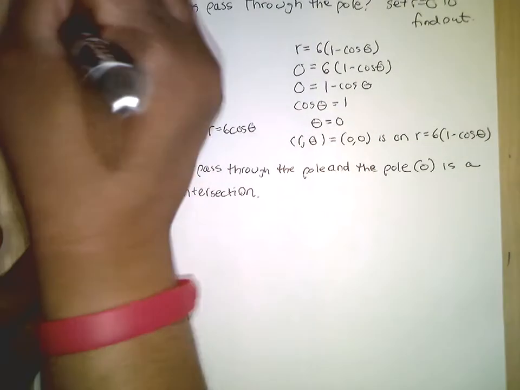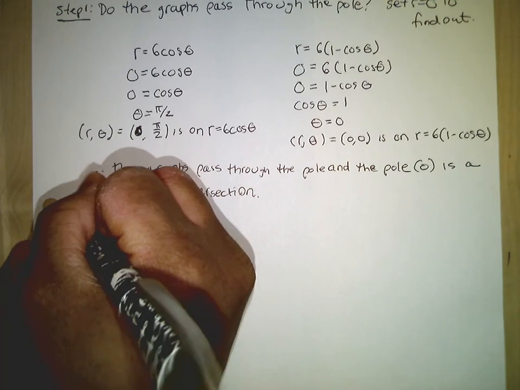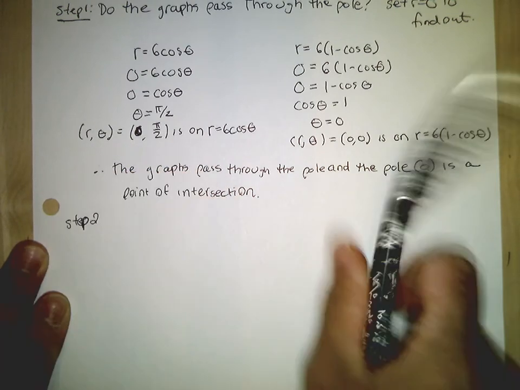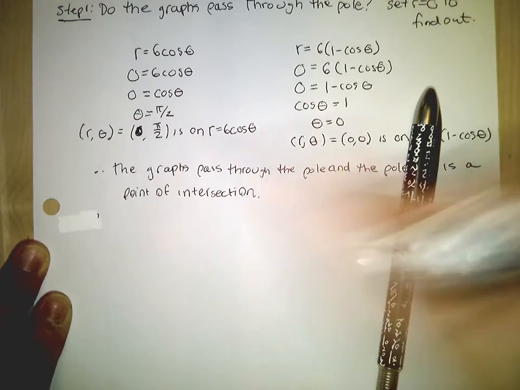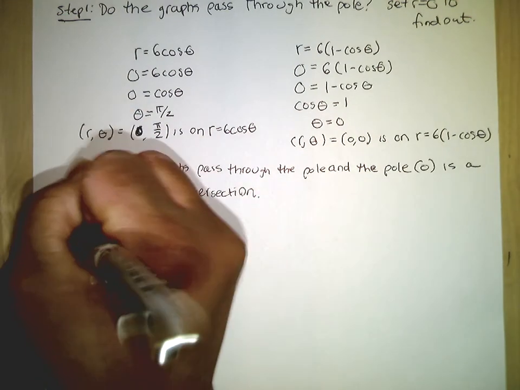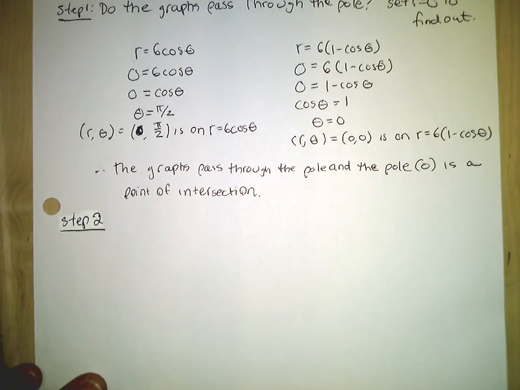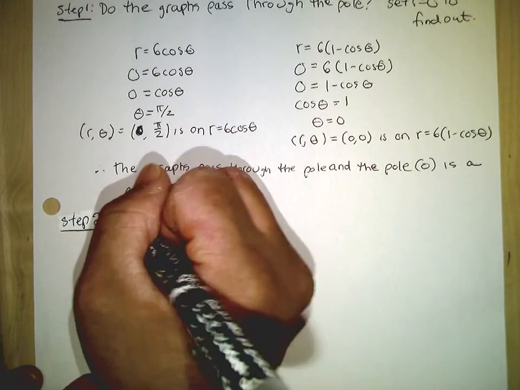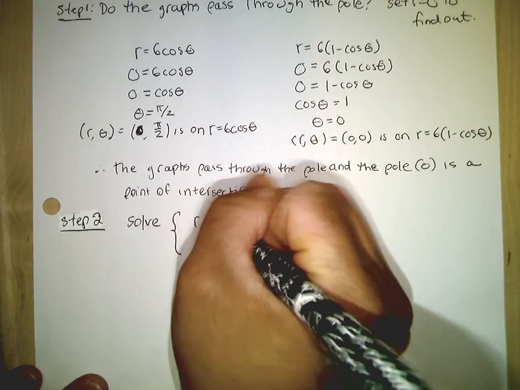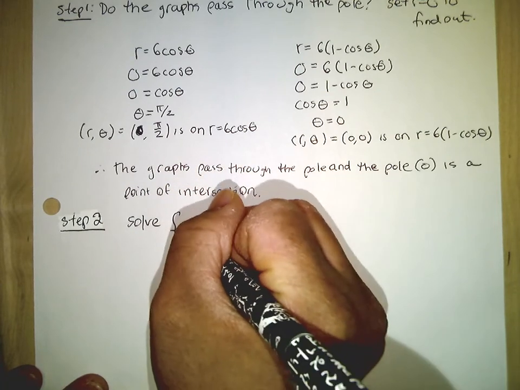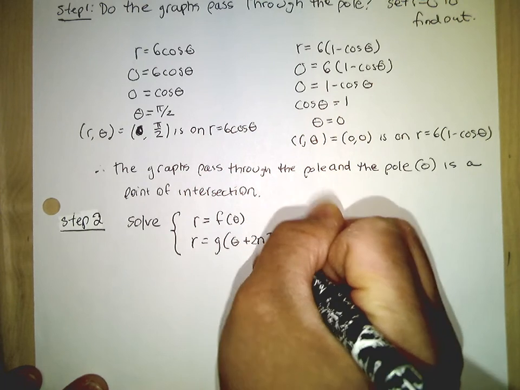All right, step 2. I'll follow the steps right as I stated them. I expect you to remember all these, but I'll write it up here again. It's to solve this set of simultaneous equations: r equals f of theta, and r is g of theta plus 2n pi.